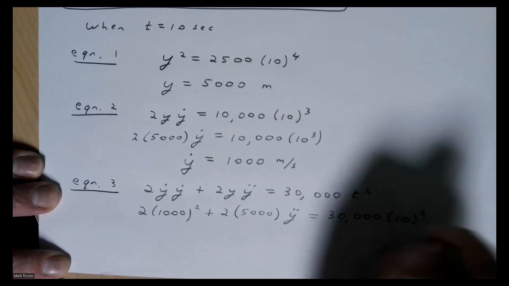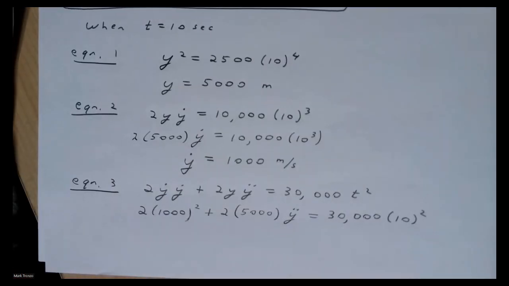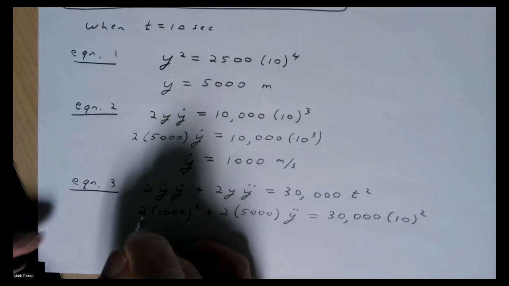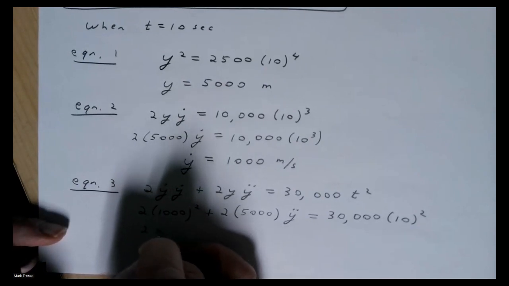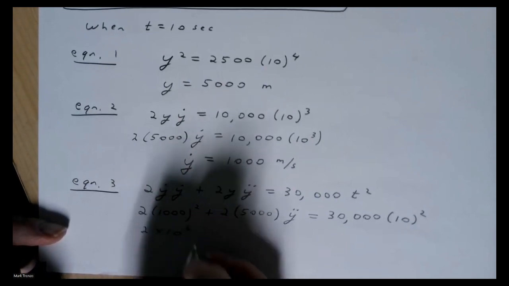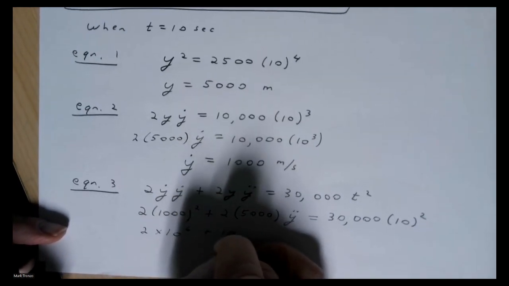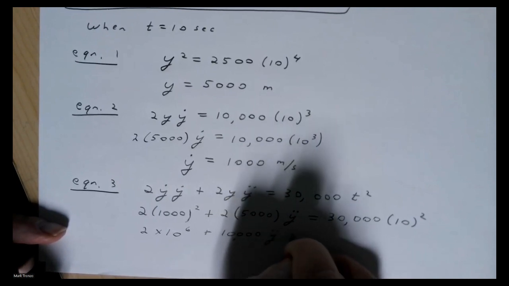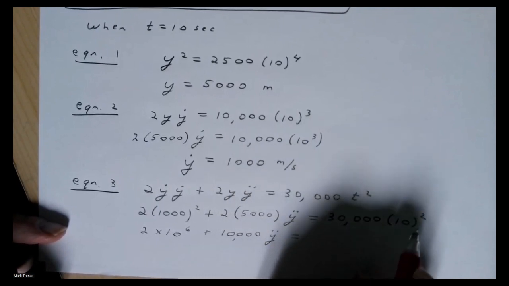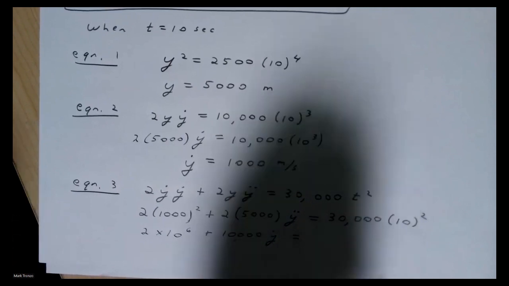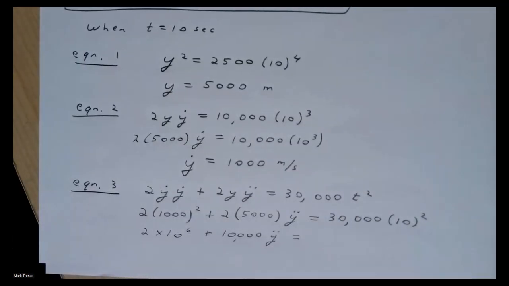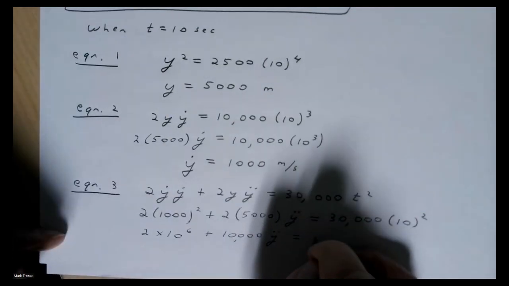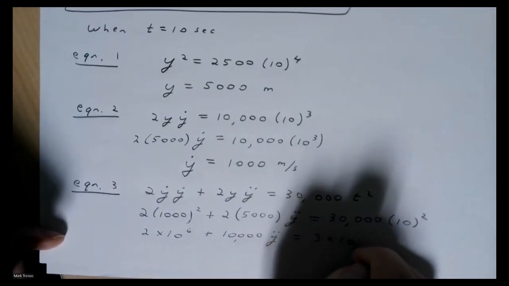And 10 squared here. And of course, this is 2 times 10 to the 6. And this is 10,000. And then on the right-hand side, we have 3 times 10 to the 6.